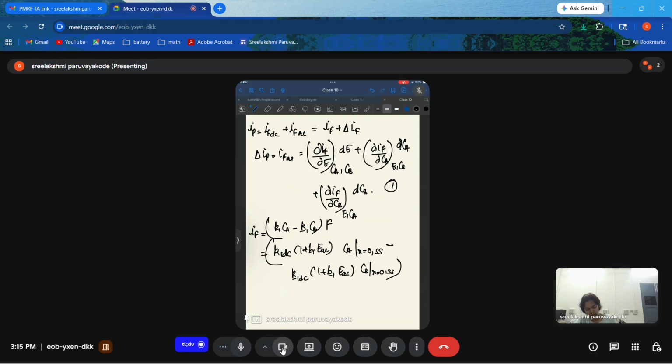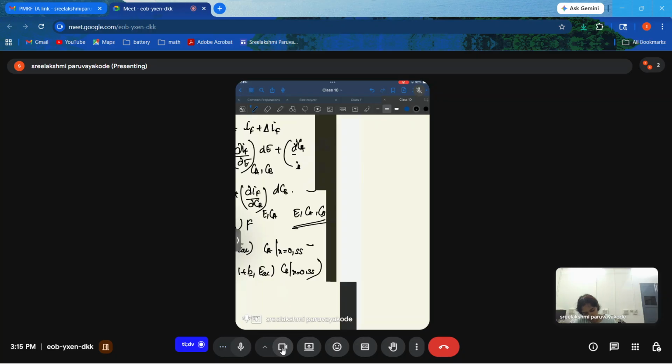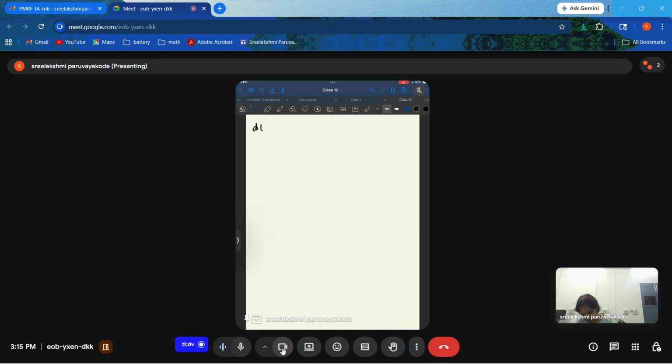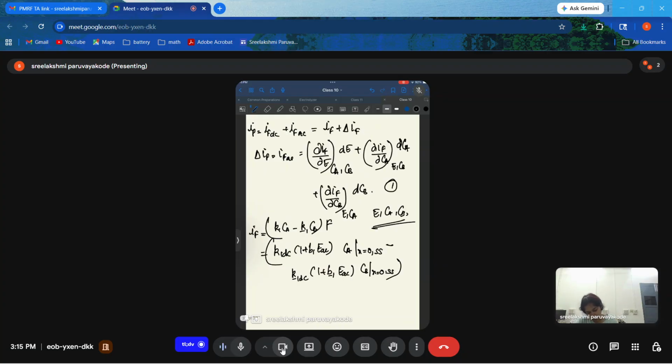Now what I'm going to do is, I told there are three independent variables E, CA and CB. I want to differentiate IF with respect to potential, concentration of the reactant, and concentration of the product, these three variables, and see what the values are. So the first one is dou IF by dou E, keeping concentration of the reactant and product constant. So what do I get? This is the full equation.